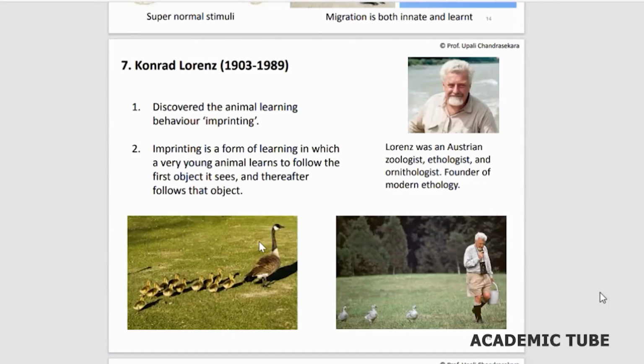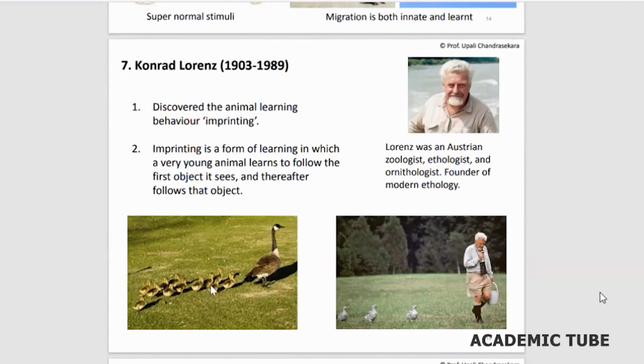After the incubation period, the babies came out. From the eggs incubated by Lorenz, the first person the babies saw was Lorenz. In the other case, the first person the babies saw was their mother. Understand?